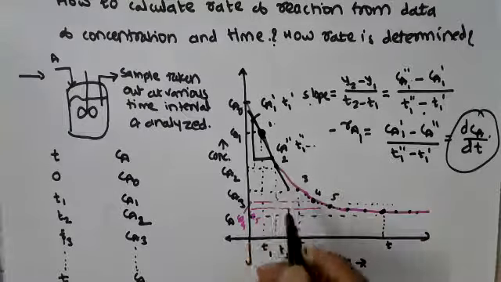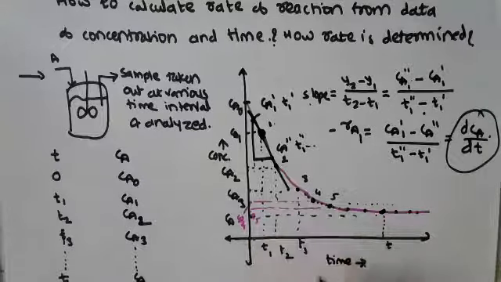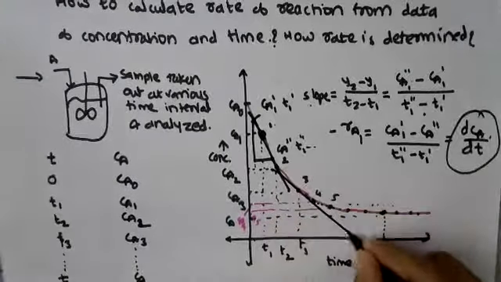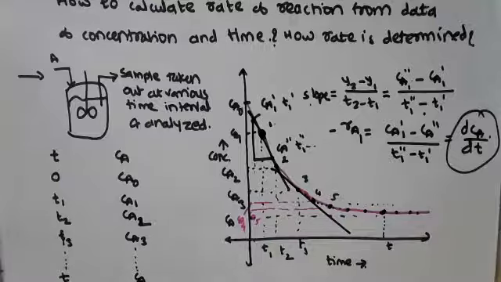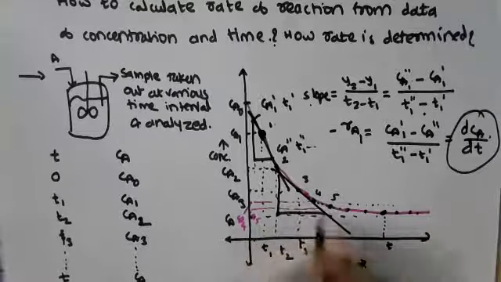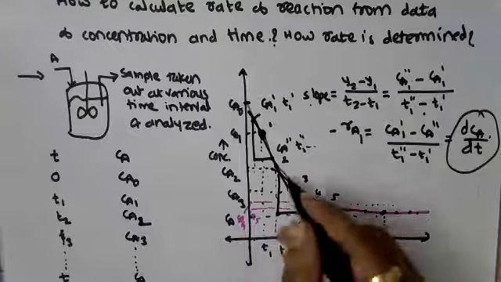Likewise, suppose I am interested in finding the slope at point number 3. What I have to do is draw a tangent at point number 3, and then again calculate the slope.